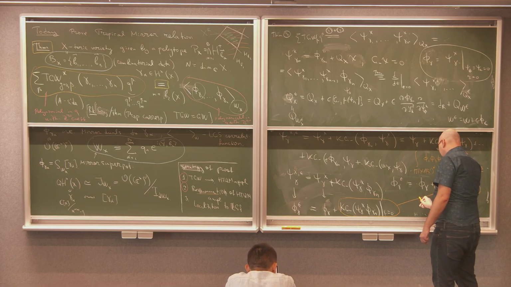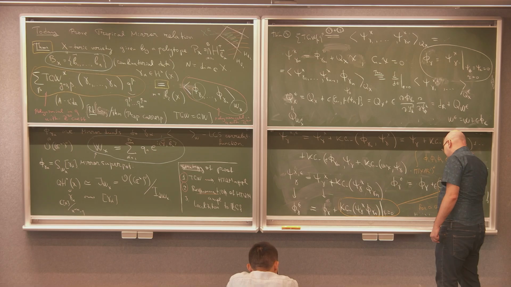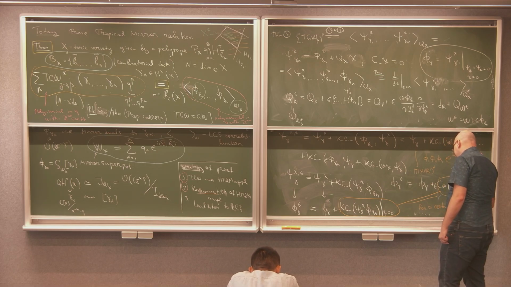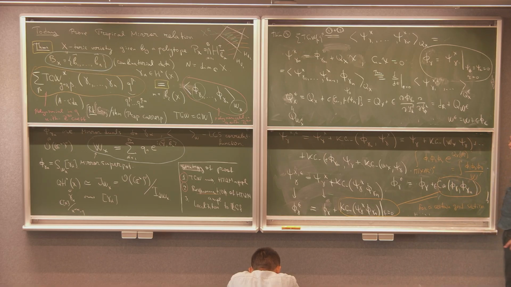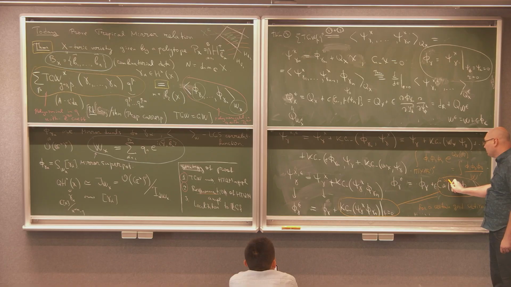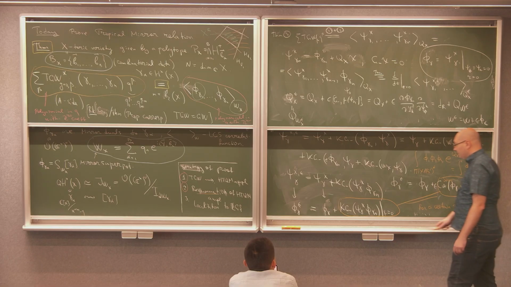We call this a good section because it comes from a tropical mirror construction. We call it the tropical good section. So this expression is equal to this expression for a tropical good section. And we can describe this tropical good section in the following way.